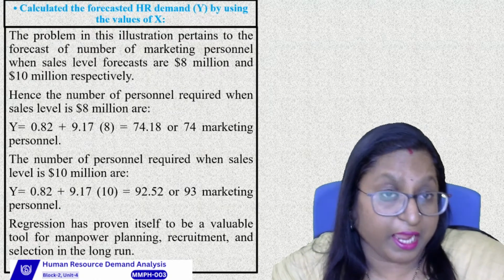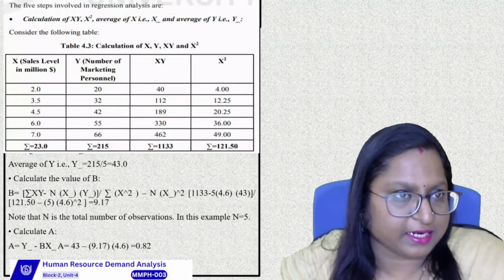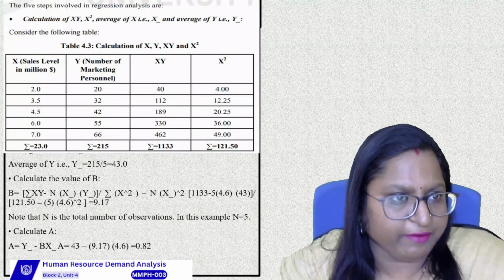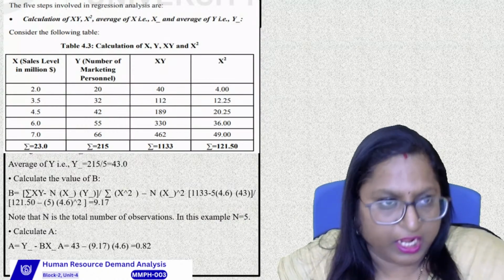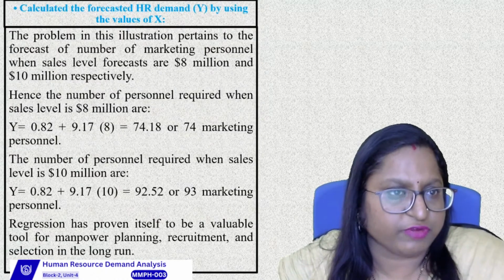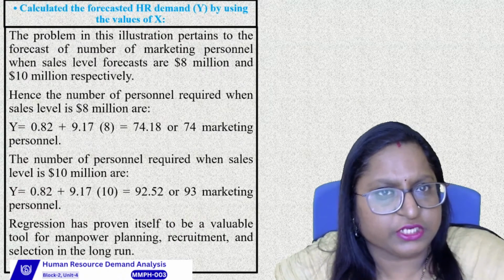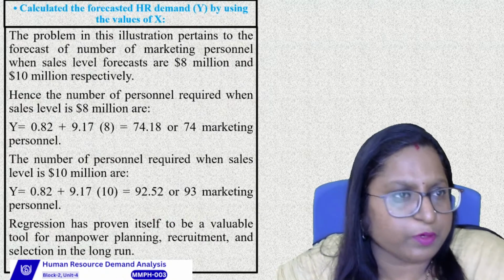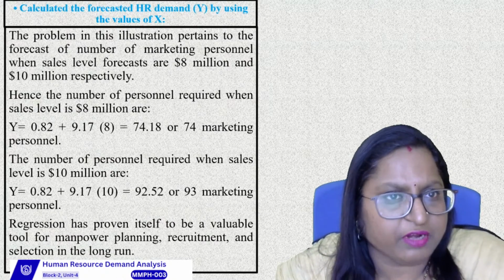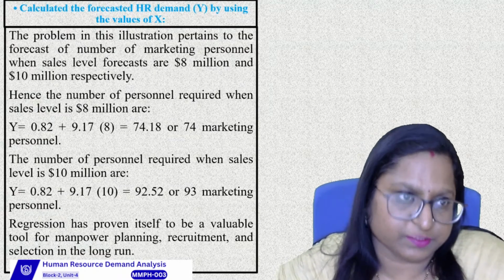So in the question we have different values of x, that is 2, 3.5, 4.5, 6.0, 7.0. If we put in the value of x, we can find the forecast. The problem in this illustration pertains to forecasting the number of marketing personnel when sales level forecasts are 8 million and 10 million respectively.